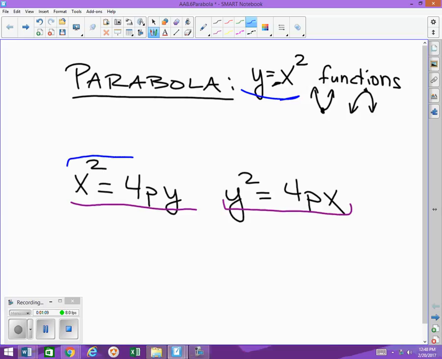They're all still parabolas. They all look the same, it's just they're not going to be in the same places, and they may be turned sideways. So these will still look like a function. These are not a function.